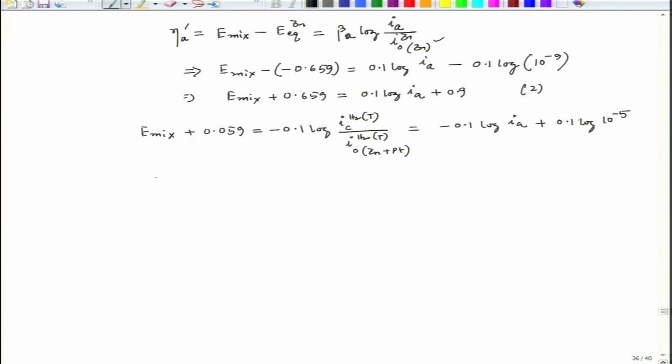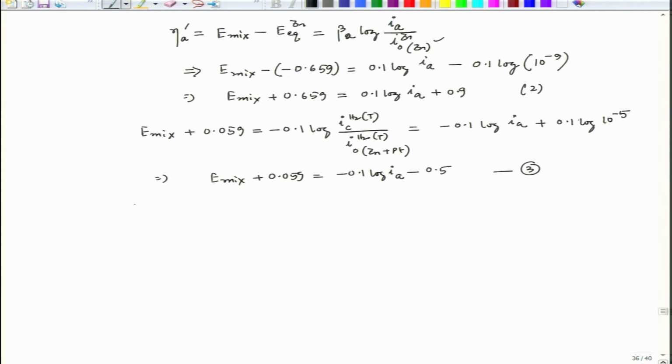So, this becomes E_mix plus 0.059 equal to minus 0.1 log of I_A minus 0.5. Let us say this is equation 3.